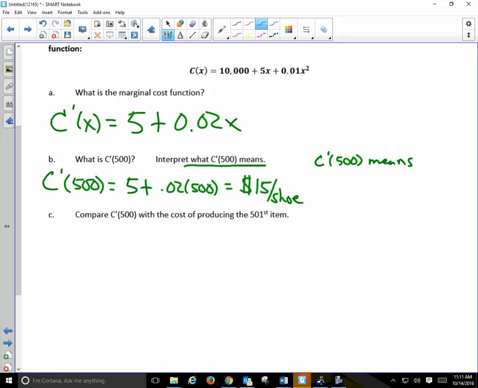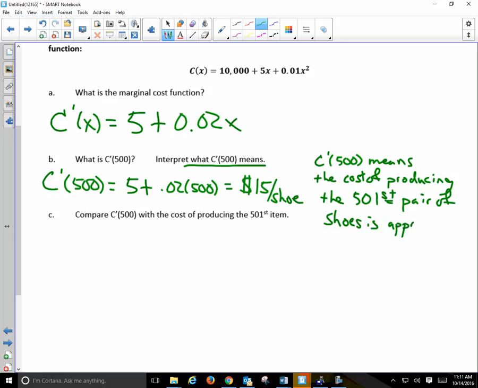C prime of 500 means the cost of producing the 501st pair of shoes is approximately $15. That's for B.